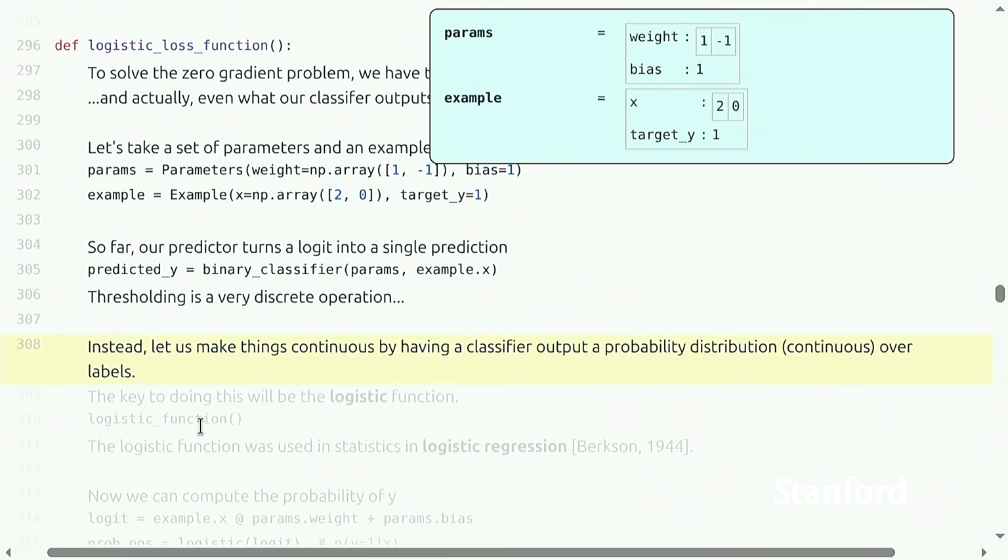If statements are very discrete. So instead, what we're going to do is make things continuous. The nice thing about regression is that it was nice and continuous. Any small change in the inputs or weights causes small changes in the output. Therefore, gradient descent has some signal to latch onto. But if I'm thresholding, then I kill that.